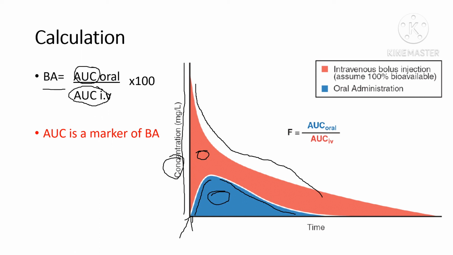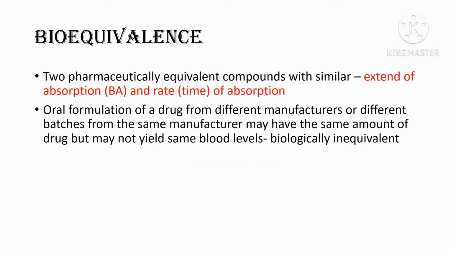This will give you the bioavailability, which would be something like 50%, 60%, 20%, and that would be different for different drugs. That's all about bioavailability. Now we'll be talking about bioequivalence.